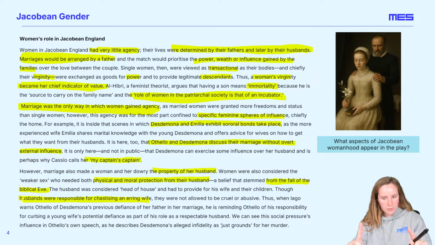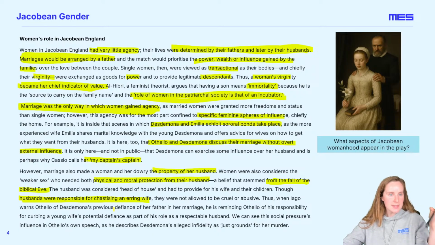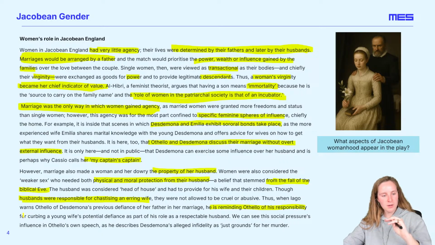But also we have Iago using these tenets of Jacobean femininity and the expectations that he knows all of these characters are aware of, in order to provoke Othello, saying, well, she defied her father, you better keep control of her, because clearly she is not able to be controlled here.